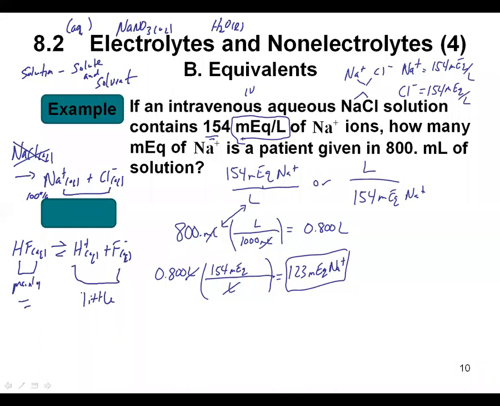Since it's still able to break apart in solution, it's still considered an electrolyte. It produces some ions, but nowhere near the extent of a strong electrolyte. Because of those few ions in solution, it's still able to conduct electricity. Going back to the light bulb example, the light bulb would come on, but it would be very dim, not as bright as with a strong electrolyte.